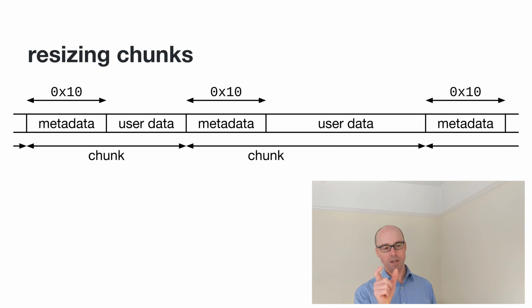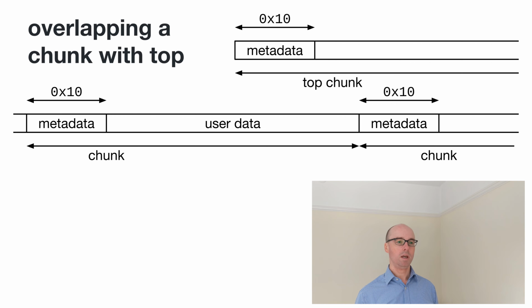And so you can see now that it looks like that second chunk has grown, and then when you free it, it gets returned to the allocator looking like a different size than it was before. One of the things I do with that during the course of the exploit is create a chunk that overlaps with the top chunk.